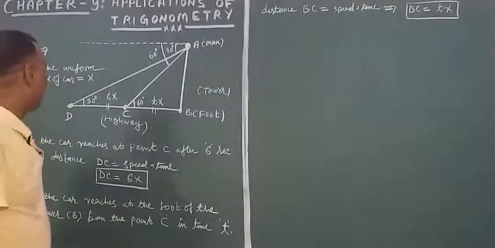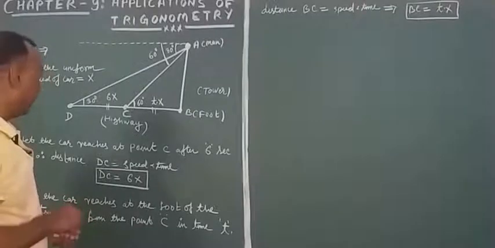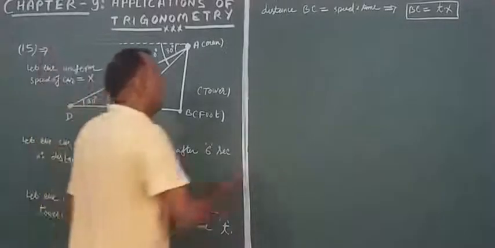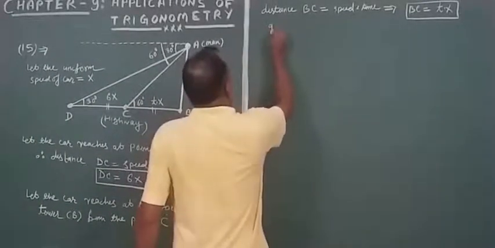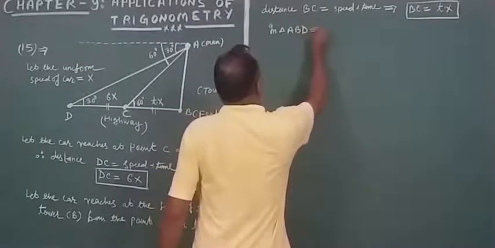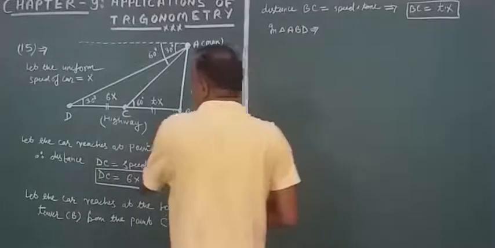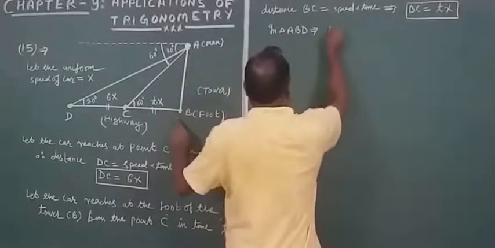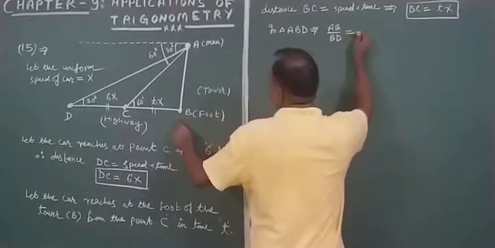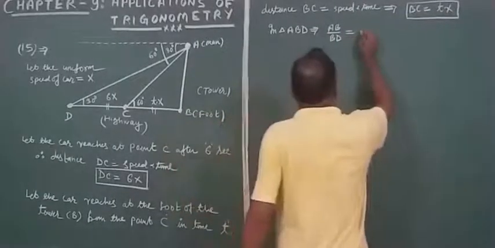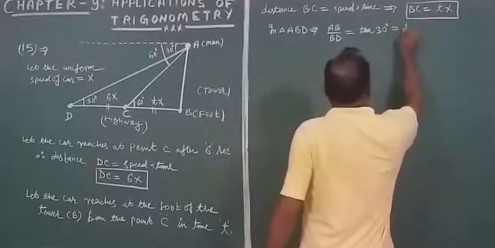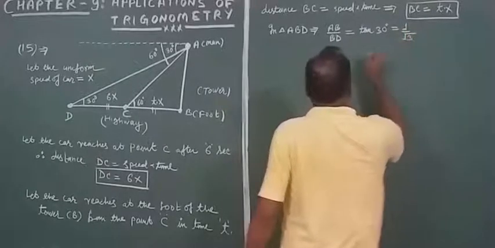Okay, now just look here. Now you have two triangles, ABD and ABC. In triangle ABD, AB upon BD is tan 30, and that is how much? 1 upon under root 3.